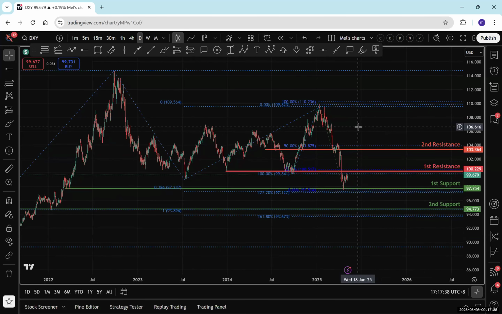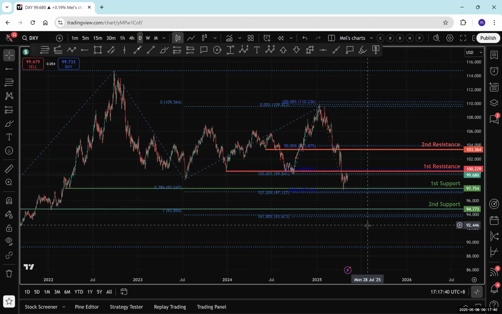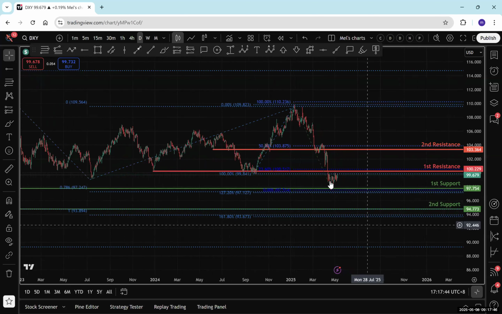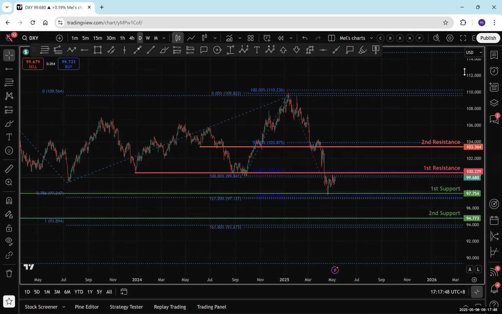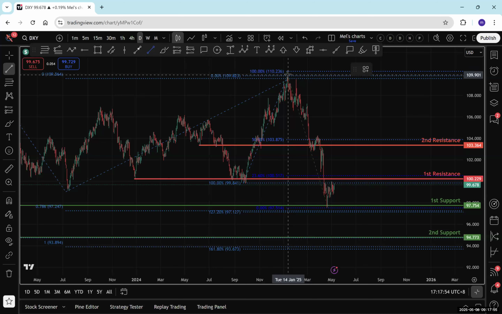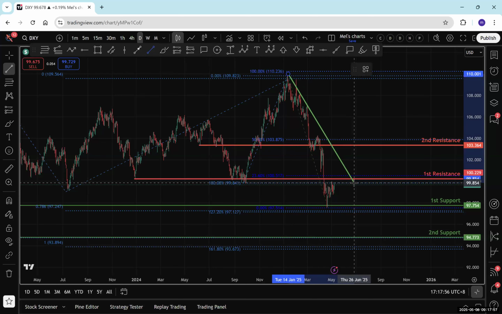So I'm expecting prices to continue in this downtrend, because the overall trend is still pretty bearish, although there's been a slight rebound. Of course, this is purely based on technicals. I'm not talking about any fundamentals or taking into account any geopolitical events.